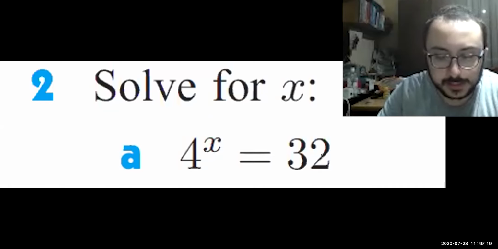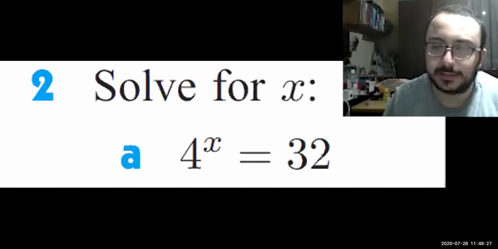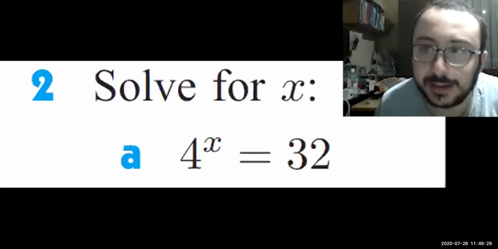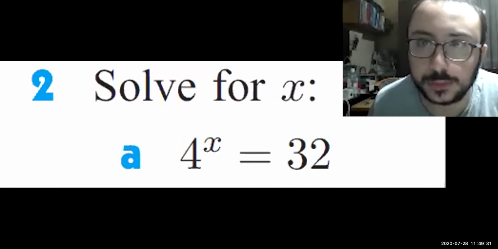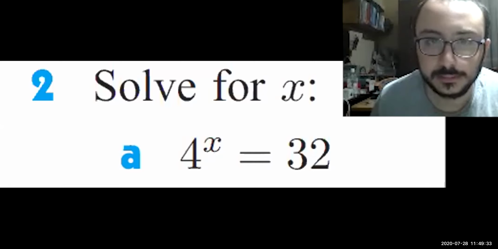Either you write 32 in form of a power of 4, which is not possible actually. You can't write 32 in form of power 4. You can write it in form of power 2.